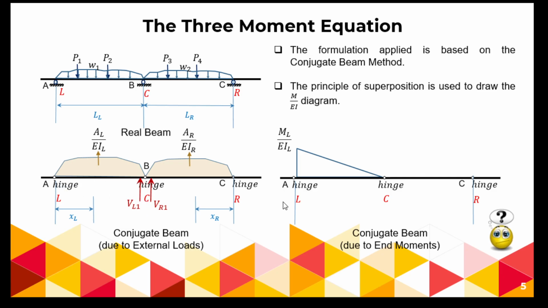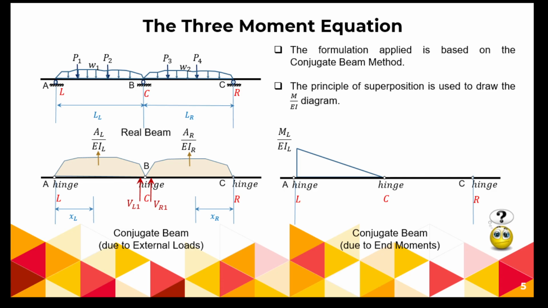That is the left to center support. And that is our moment. You're going to reflect it as your moment at the left support over EI. Dapat may EI kay M over EI diagram ang aton nga gindraw.